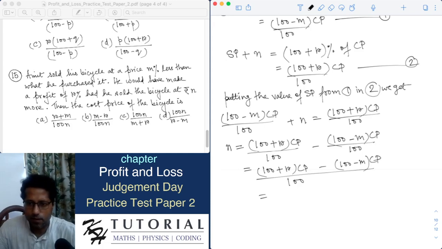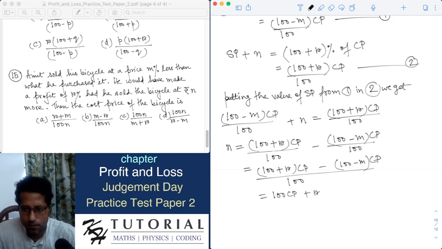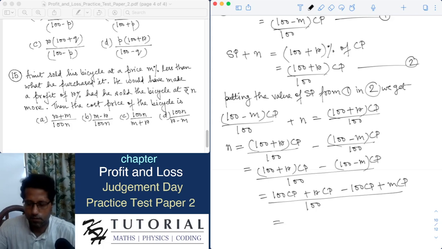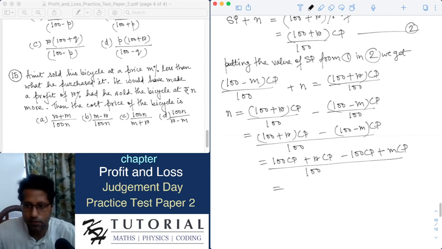if we open the brackets in the numerator, we get 100 CP plus R CP minus 100 CP plus M CP, divided by 100. The 100 CP minus 100 CP cancels out, and we have R CP plus M CP.